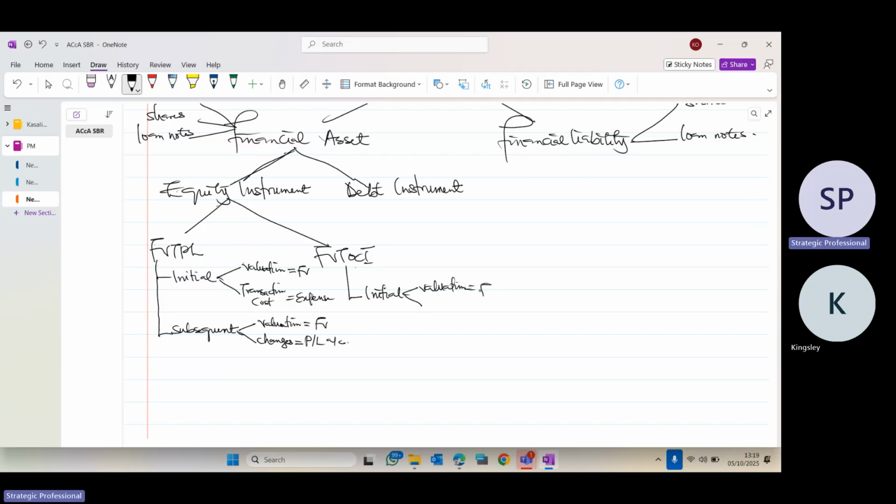We said valuation will be the fair value plus any transaction cost, and the transaction cost we have already capitalized as above.